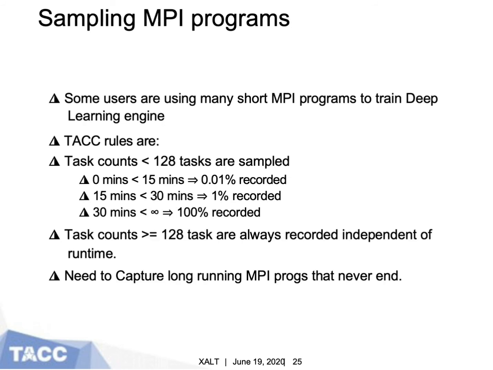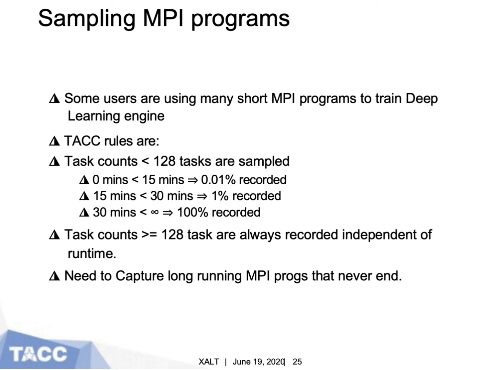Turns out that you have to do it for MPI as well, or at least we have to. It's because some users were using their short MPI programs to train a deep learning engine.